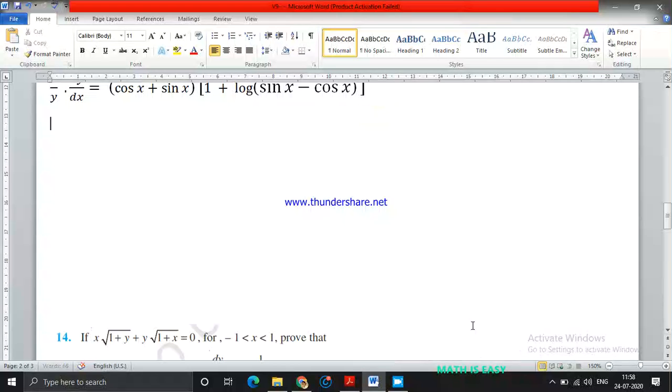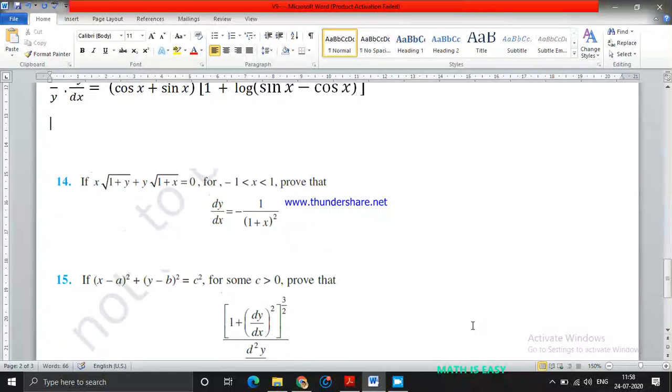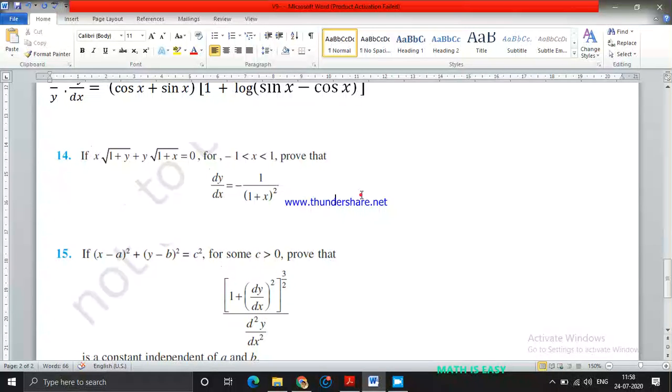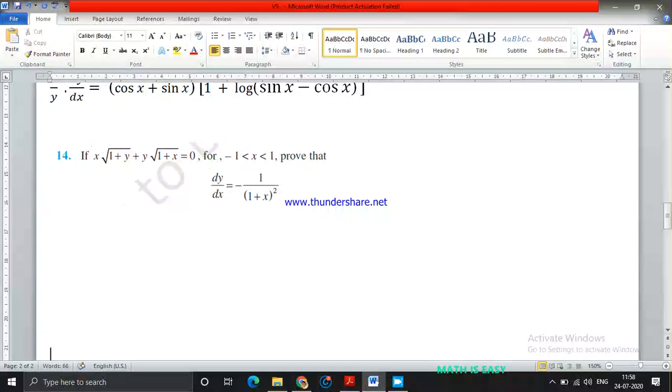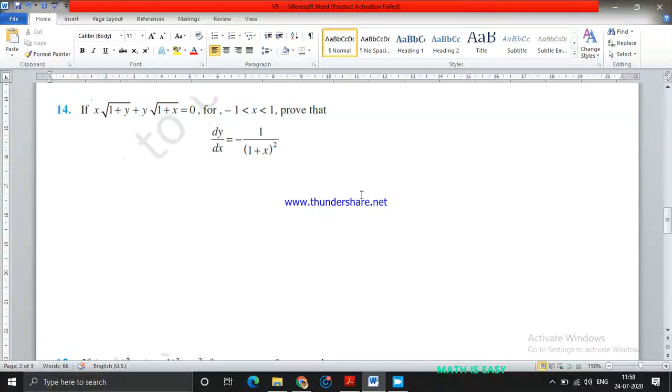Now next example you can take. So this is the question: x under root 1 plus y equals to y under root 1 plus x.